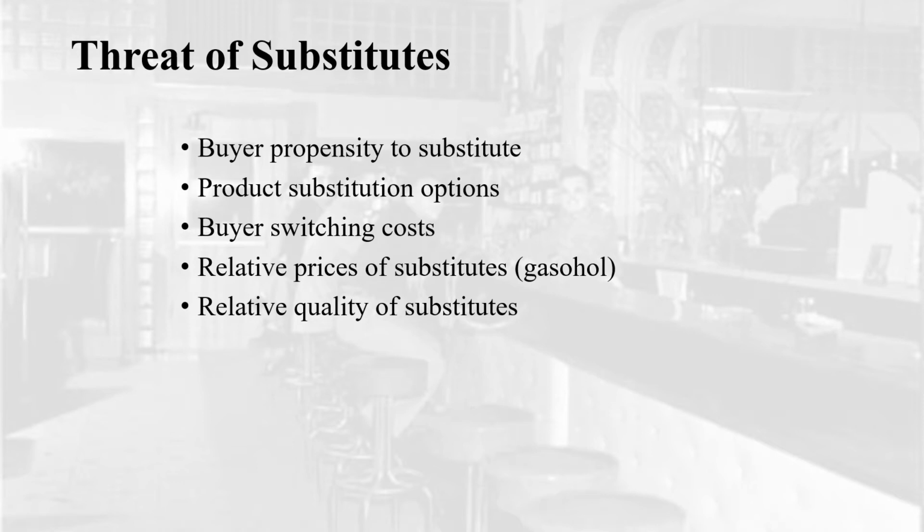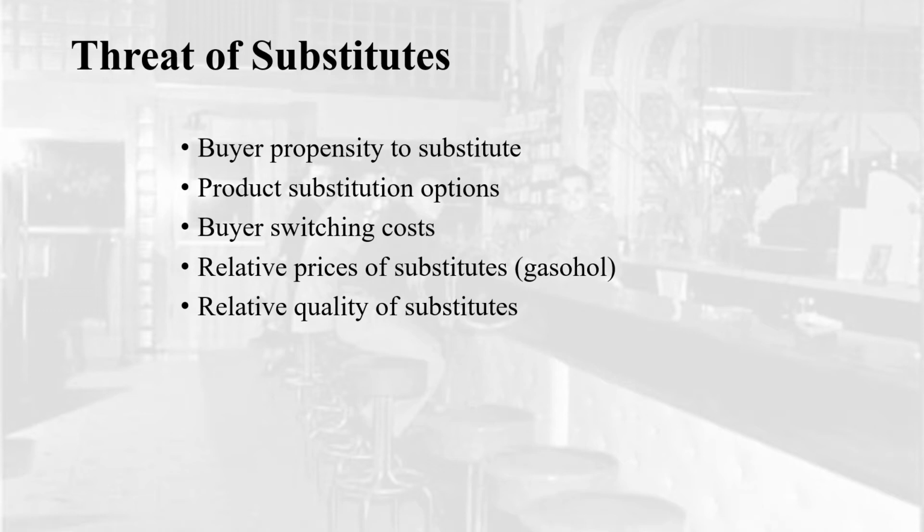So the idea behind threats of substitutes is that if people have options rather than just your product to purchase, then of course the amount of profitability in a particular industry tends to go down. And that, of course, is impacted by the buyer's propensity to substitute. Are they willing to substitute? Product substitution options. Are there lots of options available?